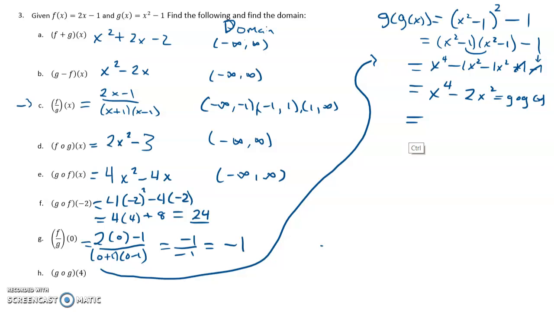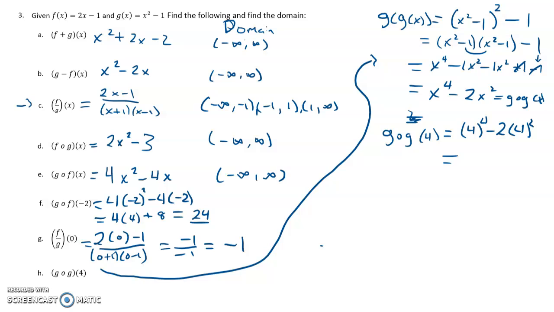We're asked to evaluate the g of 4. So circle g of 4, we're going to take this, and where we see our x's, we're going to plug a 4 in. So it's going to be 4 to the 4th minus 2 times 4 squared.